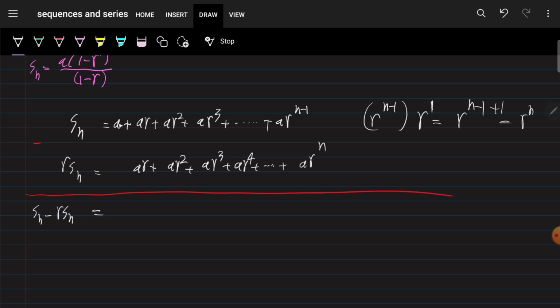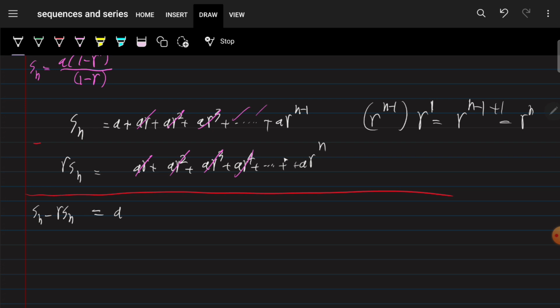That's equal to, what is A minus, and we don't have any A terms here, right? There's no term that is similar to A. The closest thing we have is AR. So A minus 0 is just A. AR minus AR is 0. AR squared minus AR squared is 0. AR cubed minus AR cubed is 0. All of these terms will cancel out.